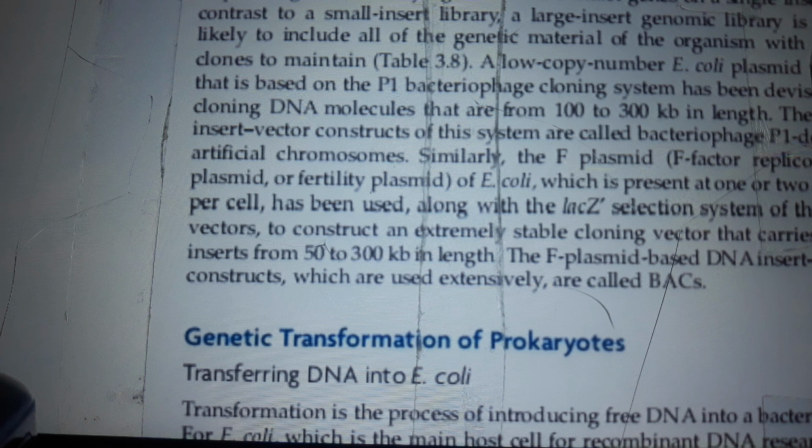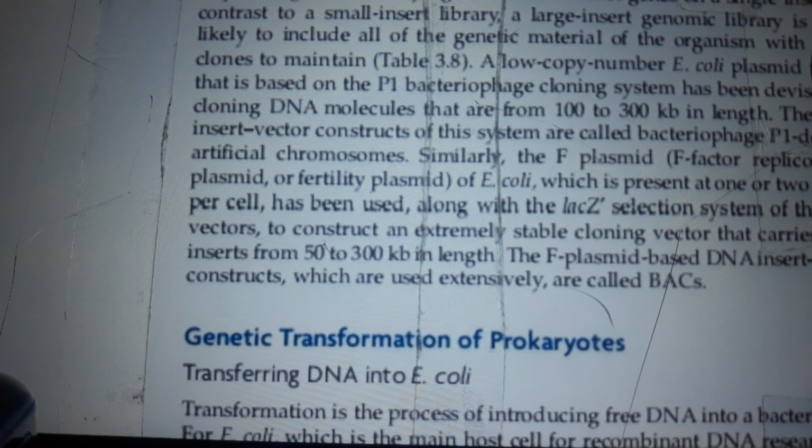Table 3.8 shows that a low copy number E. coli plasmid vector that is based on the P1 bacteriophage cloning system has been devised for cloning DNA molecules that are from 100 to 300 kb in length. The DNA insert vector constructs of this system are called bacteriophage P1-derived artificial chromosomes.